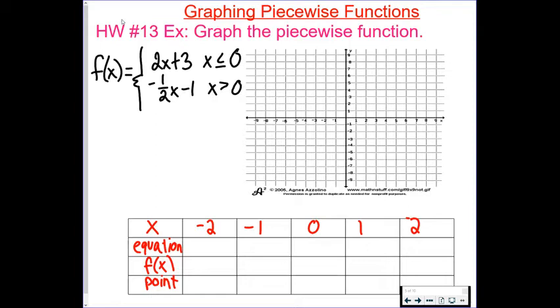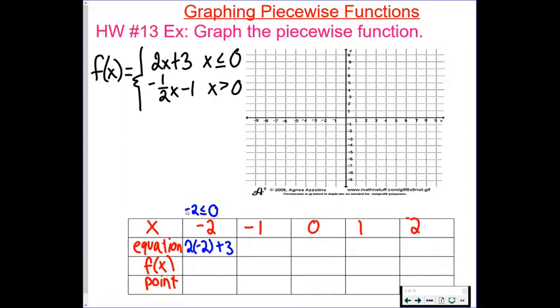My x value is negative 2. Is negative 2 less than or equal to 0 or greater than 0? Right, negative 2 is less than or equal to 0. So I'm going to plug it into the top function. 2 times negative 2 plus 3. That's my equation.